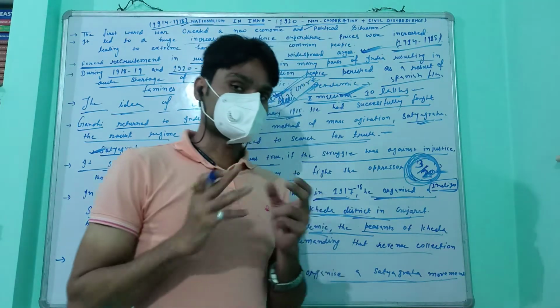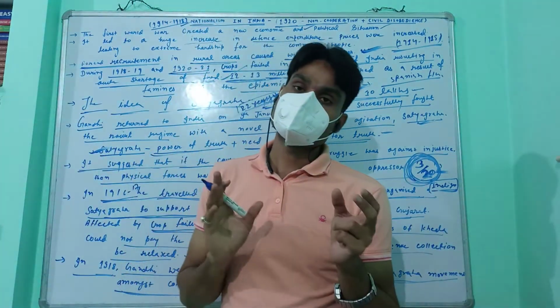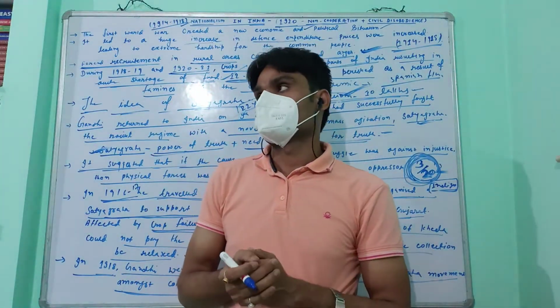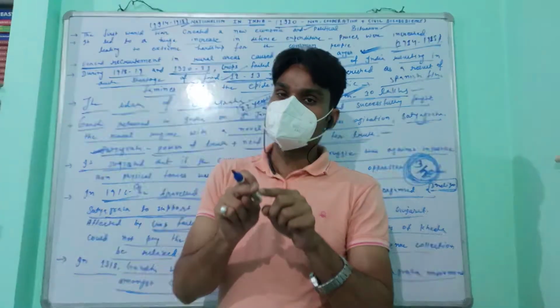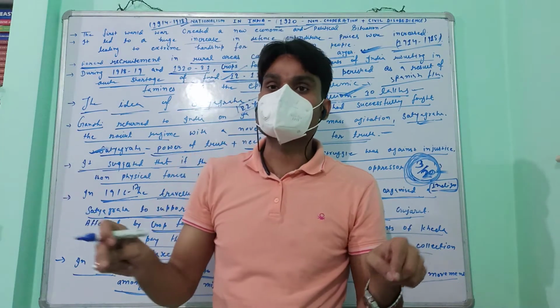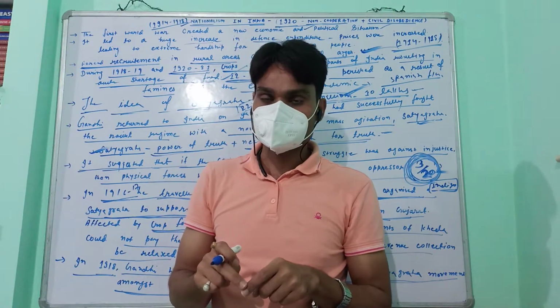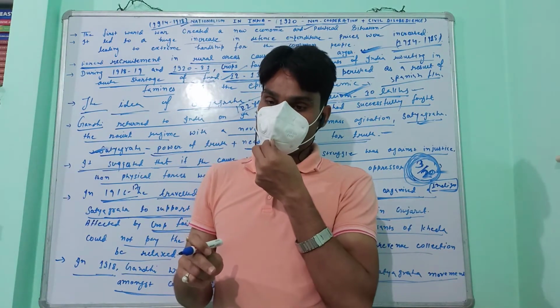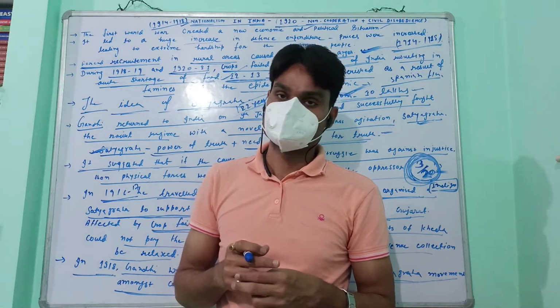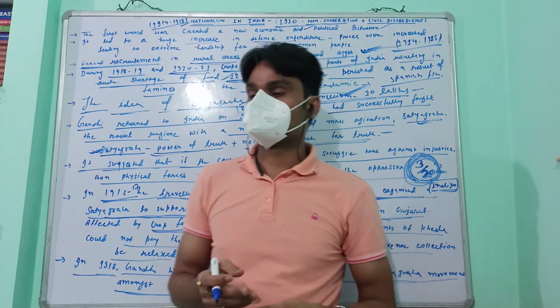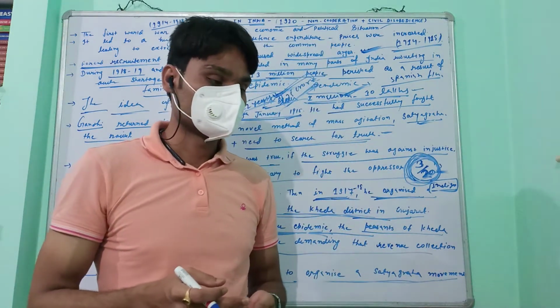First of all, understand the difference between epidemic and pandemic. An epidemic affects only a particular area or a particular country, whereas a pandemic affects the entire world. Like right now, we are struggling with COVID-19.